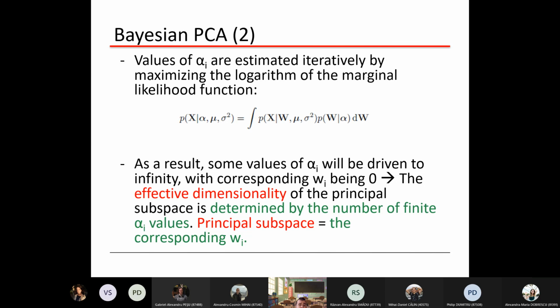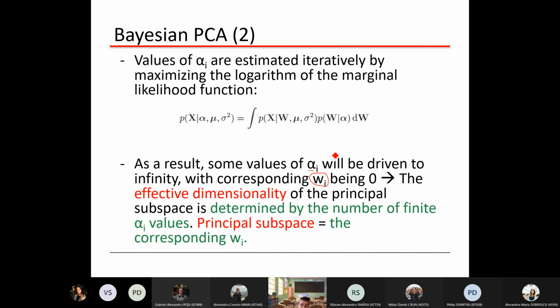And now the values of alpha i are estimated iteratively by maximizing the logarithm of the marginal likelihood function p of x given alpha, mu, and sigma square, which is the product of p of x given W, mu, and sigma square multiplied with the probability of W given alpha. As a result of this maximization, some values of alpha i are driven to infinity, and since alpha i is driven to infinity, it means that Wi must be equal to 0.